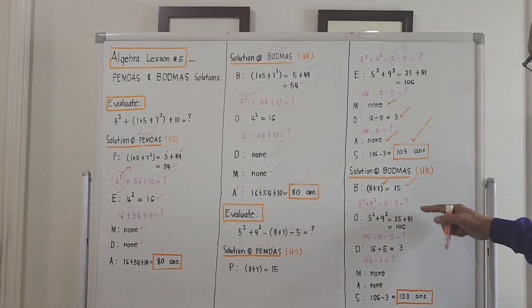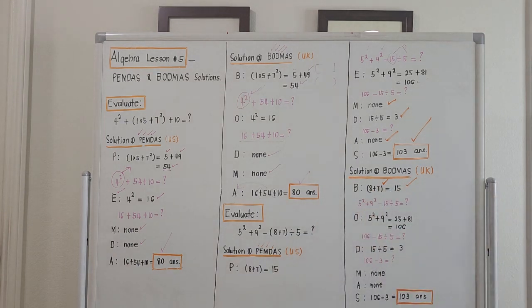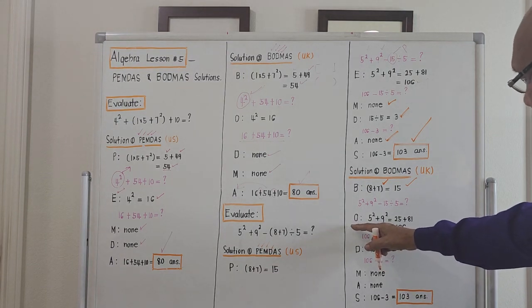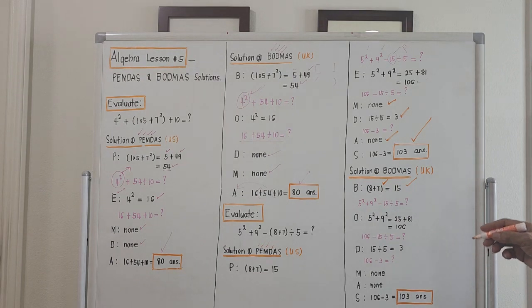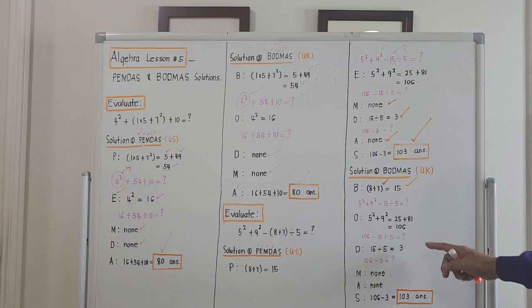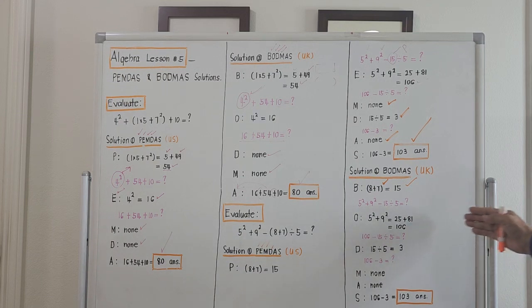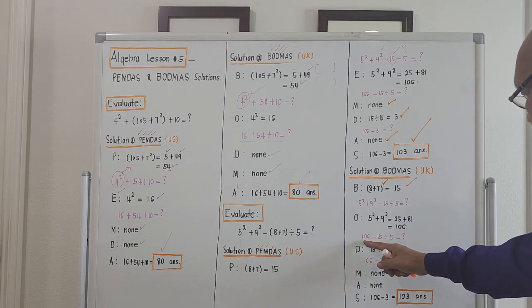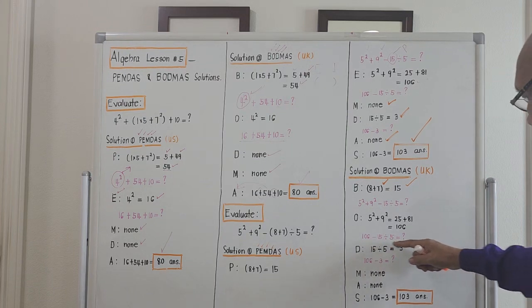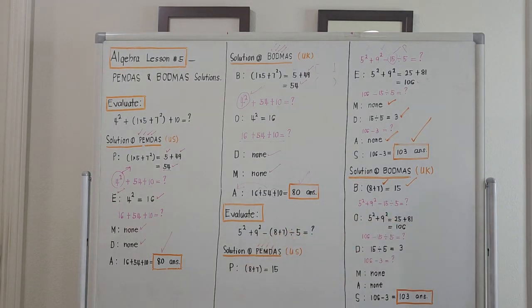I just rewrite it so I could visualize, okay? What's next? All the terms that fall under order or exponent. So meaning to say all terms with exponents should be the next in line to be evaluated. And that is 5 squared plus 9 squared, and that will be 25 plus 81, it is 106. Rewriting again the mathematical expression, it will be 106 minus 15 divided by 5, and what will be equal to? I just rewrite it so I could visualize, right?